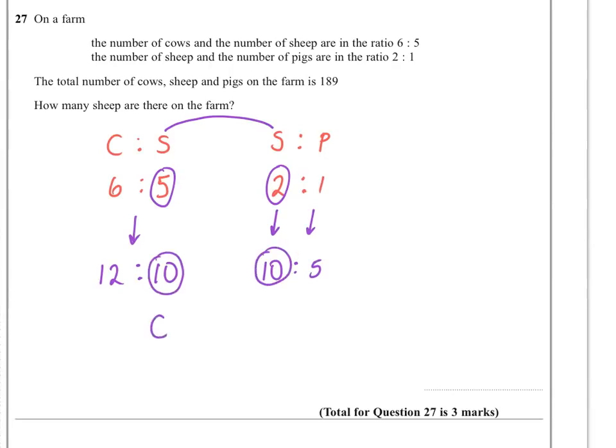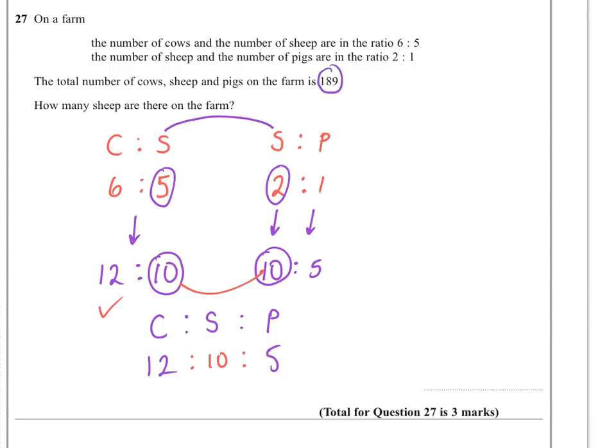So I can say that the ratio of cows to sheep to pigs is 12 here for the cows, 10 links both of them, and pigs 5. Now I can look at this total here.